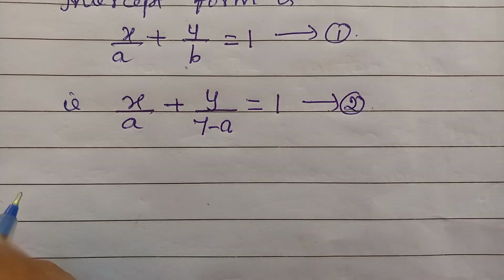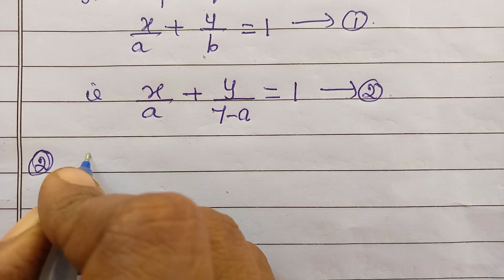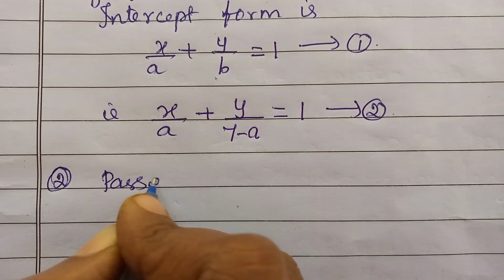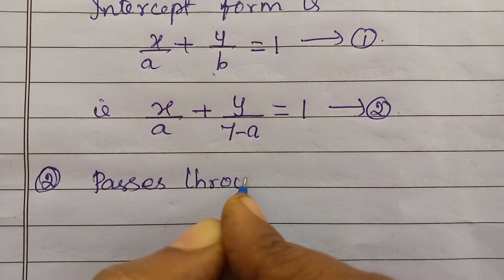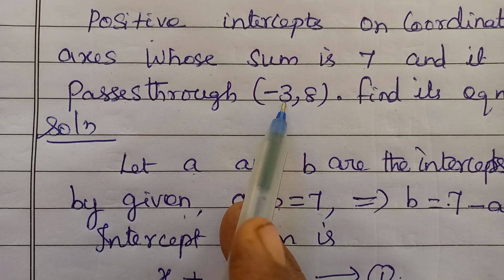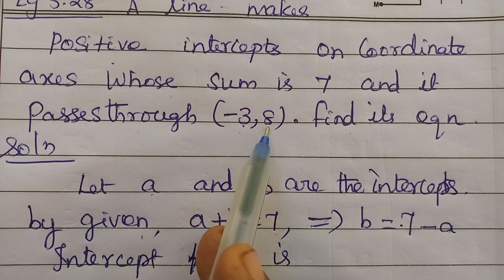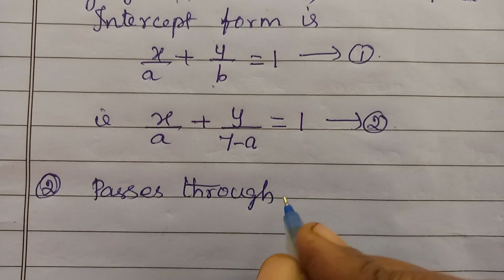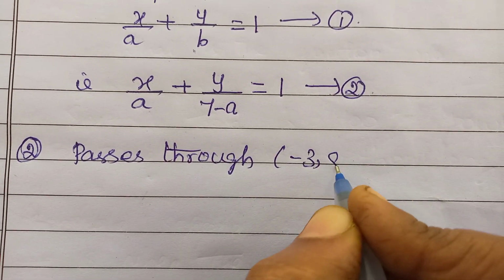So equation 2 passes through the given point minus 3, 8.